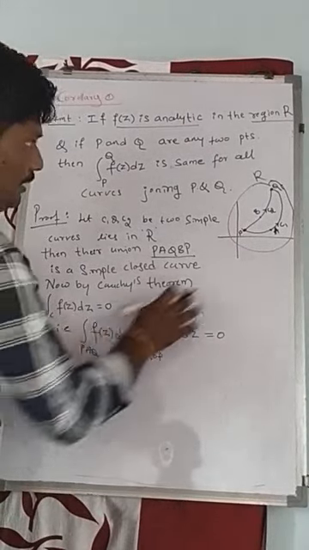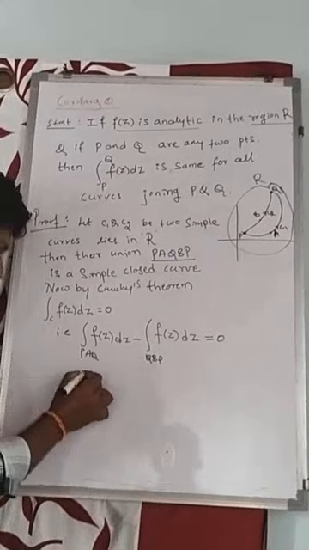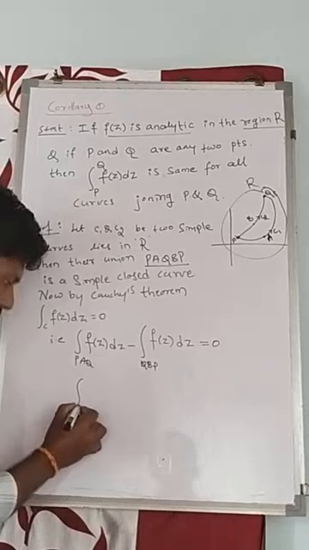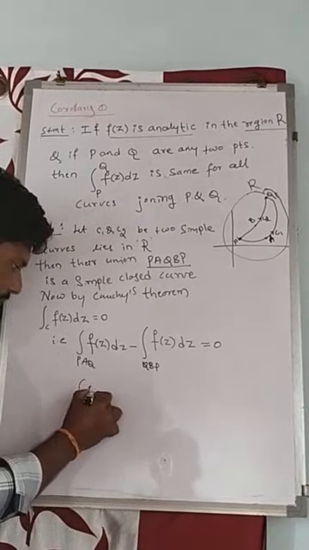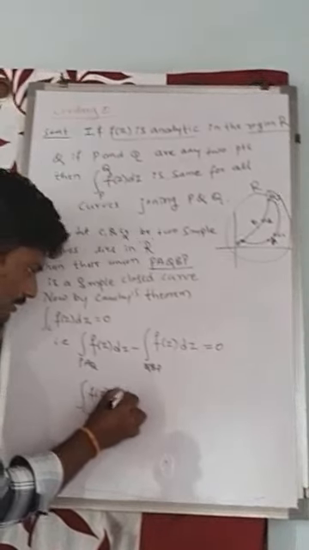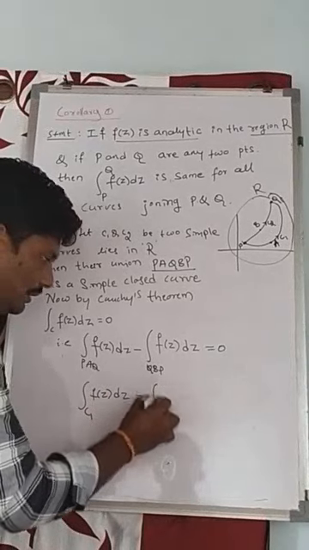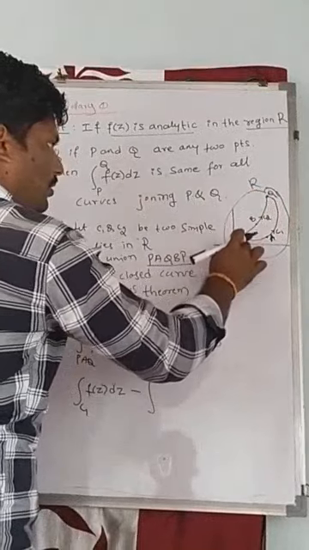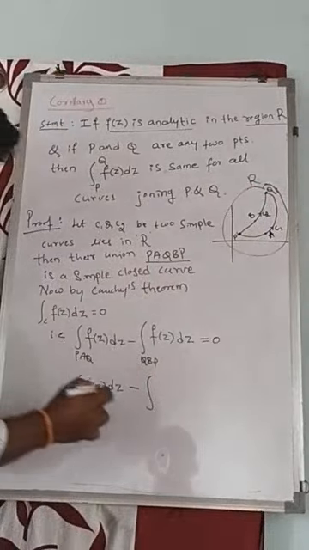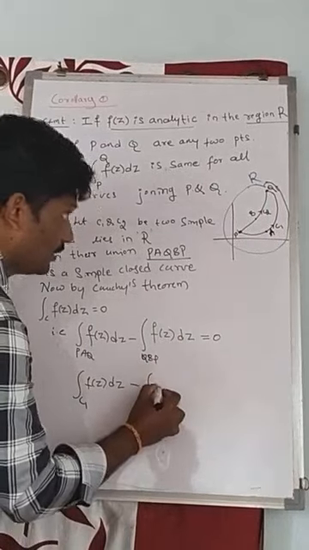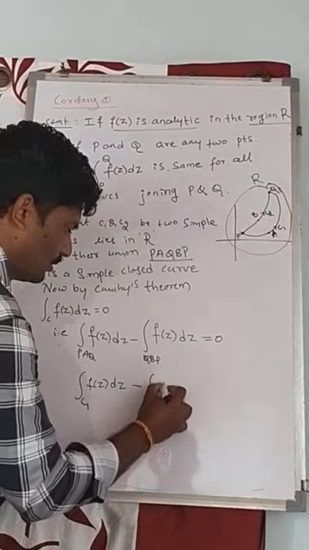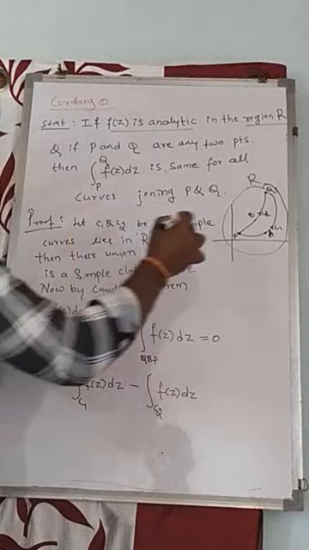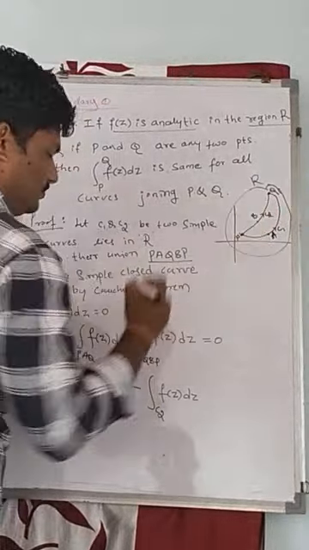PAQ is the curve C1, so the integration over C1 of f of z dz minus the integration over C2 of f of z dz, where the minus is because of the opposite direction, equals 0.